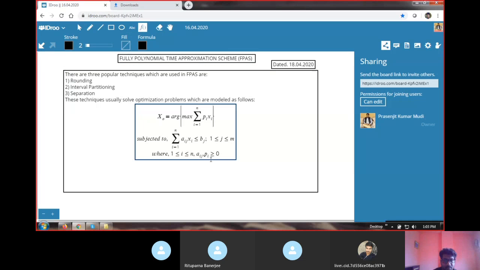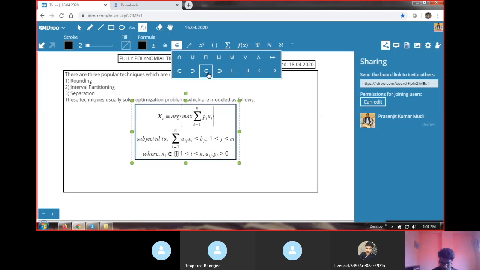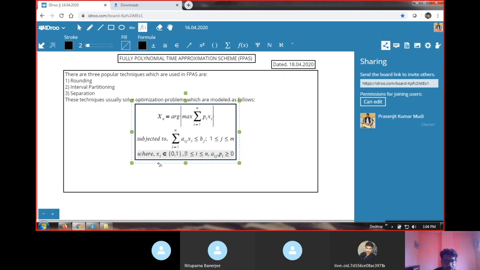Another thing we have here is x i belongs to 0 or 1. If it is w i x i summed and less than or equal to m, and this other constraint is absent, then it becomes a model of the 0 1 knapsack problem.